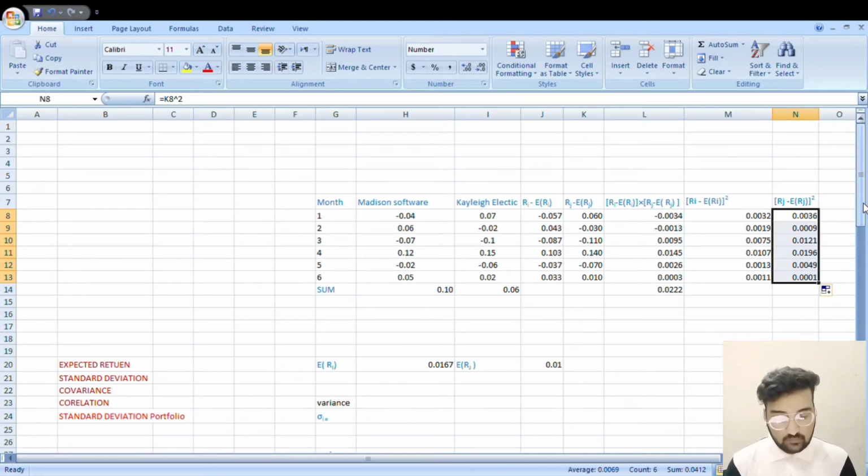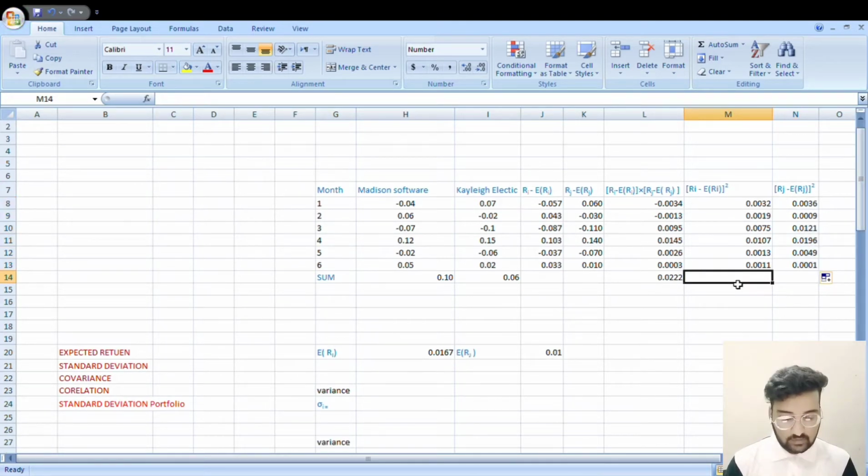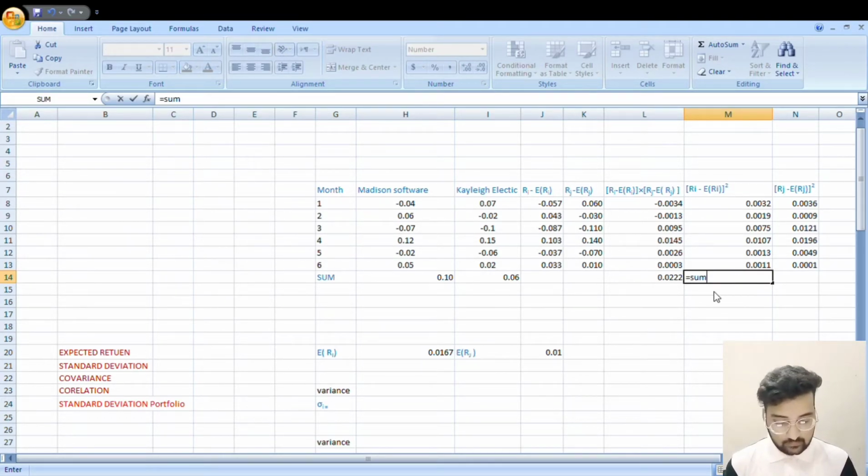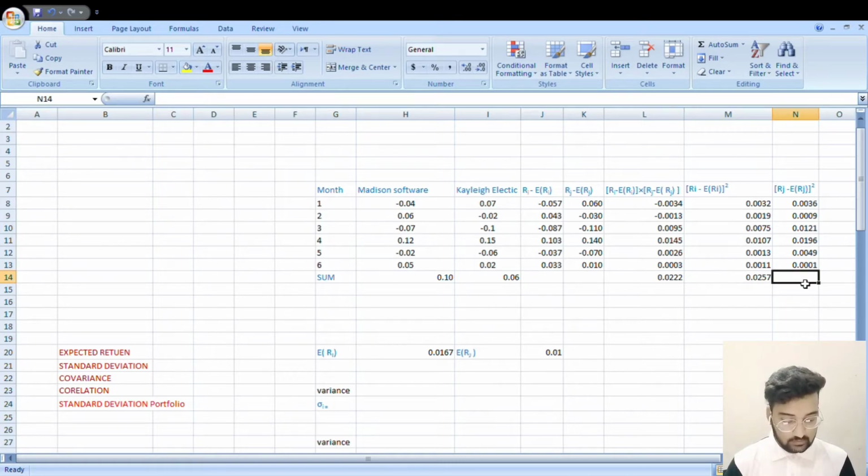Now we have to find the variance. For the variance, first we have to find the sum of both these actual minus expected whole squares. So equal sign and SUM, select all the values, press enter, and do the same for the second.